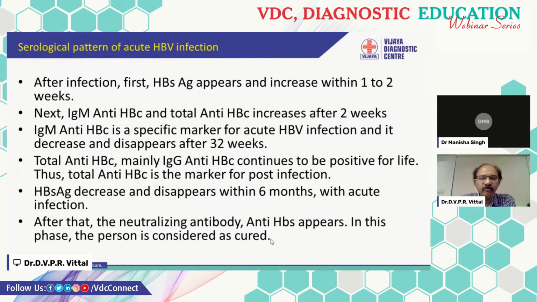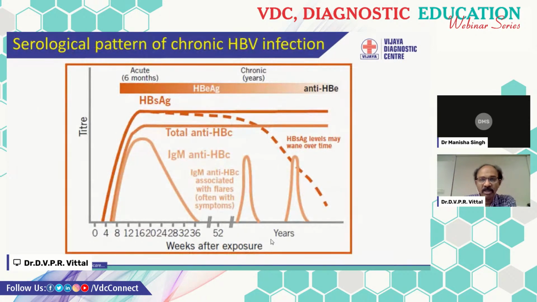So for acute infection to be diagnosed, I'll show you another. This is the chronic infection graph for the patients who have a chronic hepatitis B infection, which shows again hepatitis B surface antigen having a peak and continuing to remain positive. Then hepatitis B e antigen for the first 6 months, then anti-HBe, which is seen here.